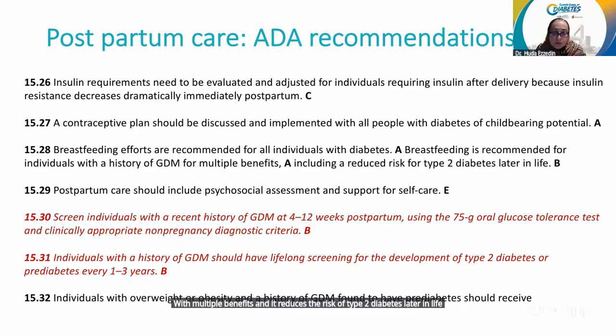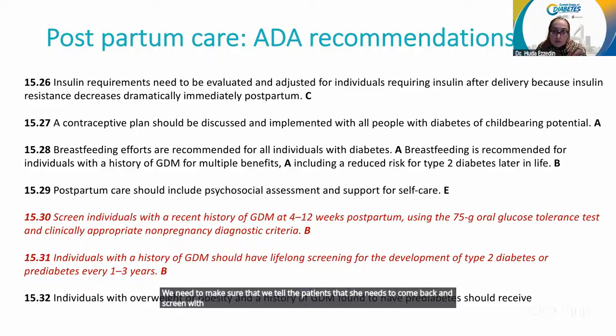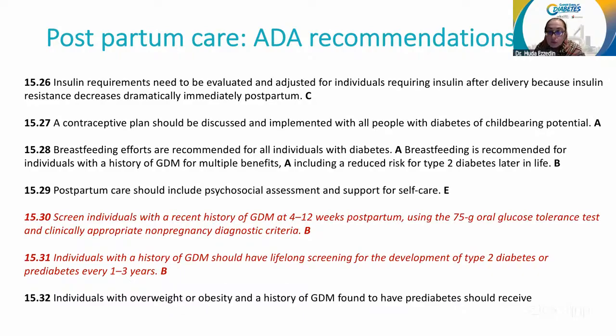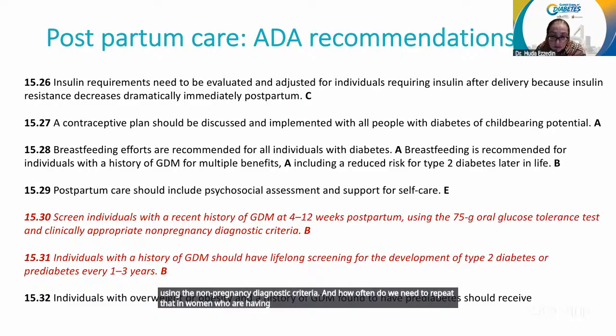We need to make sure that we tell the patients that they need to come back for screening, those who had a recent history of GDM, and screen for postpartum dysglycemia with the 75-gram oral glucose tolerance test using the non-pregnancy diagnostic criteria. And how often do we need to repeat that in women with a history of gestational diabetes or high risk of diabetes?